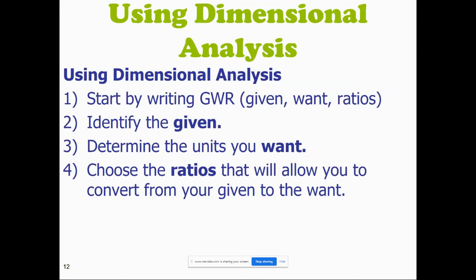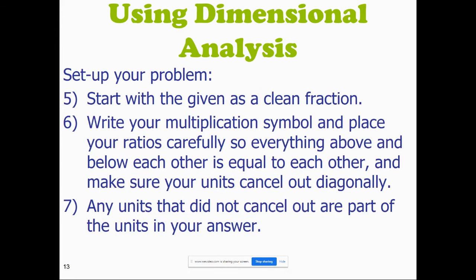Okay. So when you're using dimensional analysis, you start by writing what you're given, what you want, and those ratios, those equivalent statements. You're going to identify what is given in the problem. You're going to determine what units you want: where did you start and where are you headed? Then you're going to choose those equivalent statements that will allow you to convert from your given to your want.